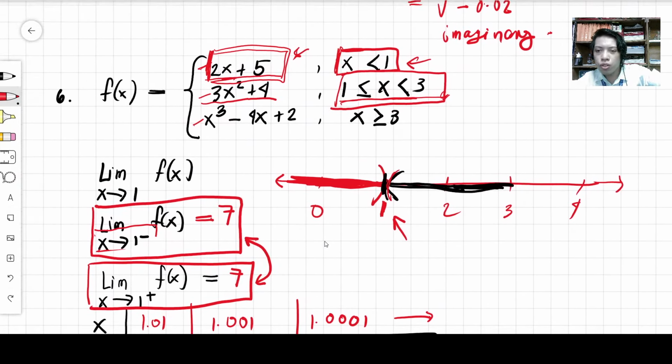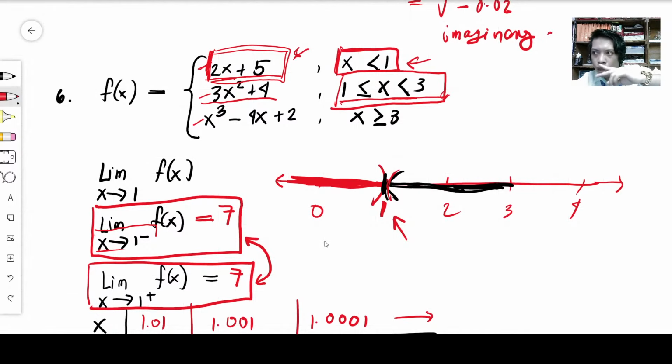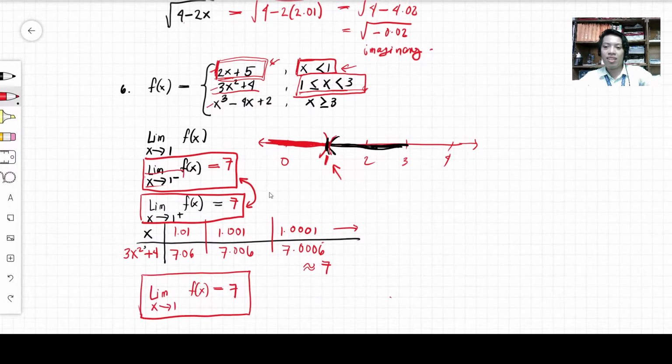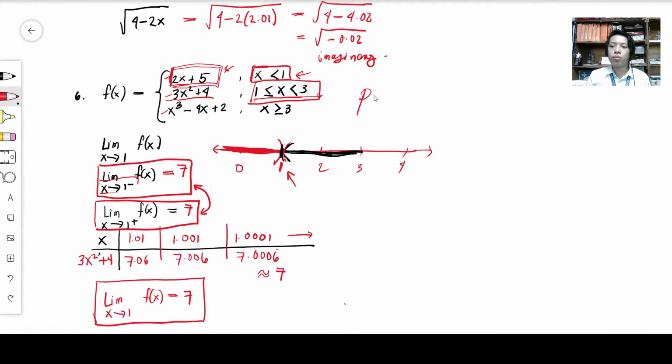It is called piecewise because it is made up of many pieces of functions. Piecewise, like one piece, two pieces, a piece of paper. Piecewise function.